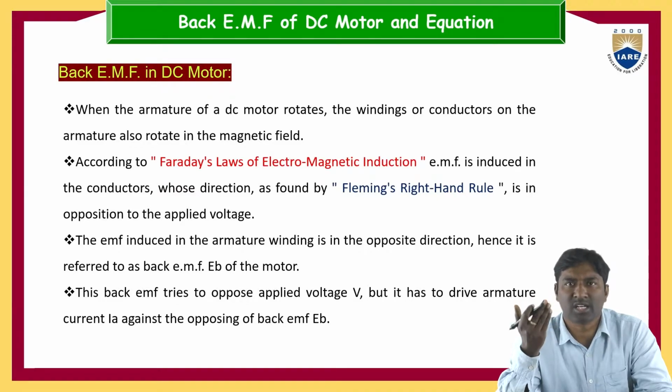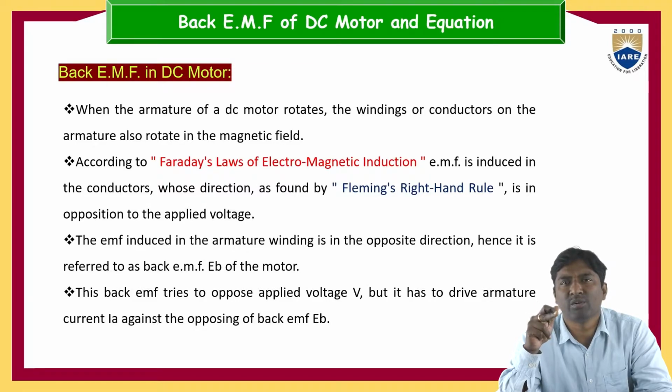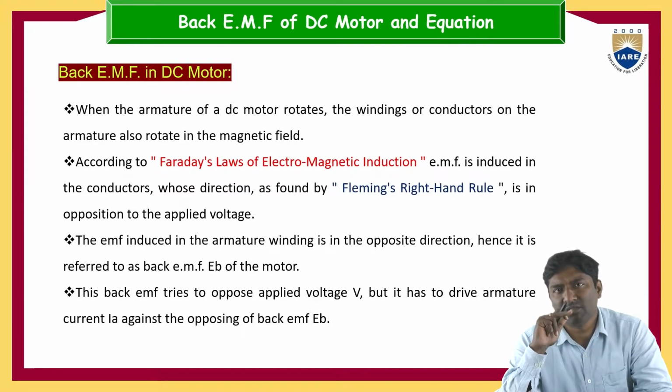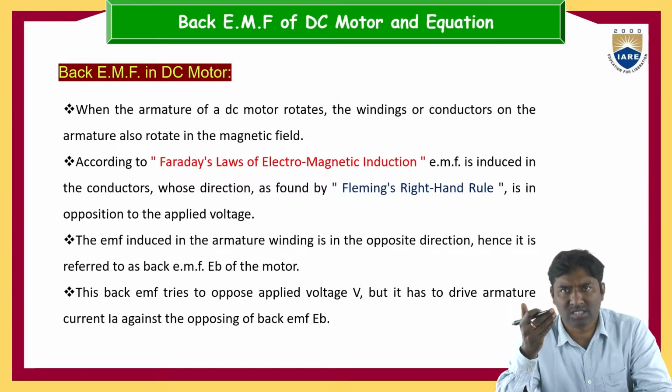That induced EMF is dynamically induced EMF, which we discussed earlier. What is meant by dynamically induced EMF? In a DC machine, the conductor or coil rotates and the magnetic field is constant, so we get dynamically induced EMF. Here the armature of the DC motor rotates, so the winding or conductors on the armature also rotate in the magnetic field.